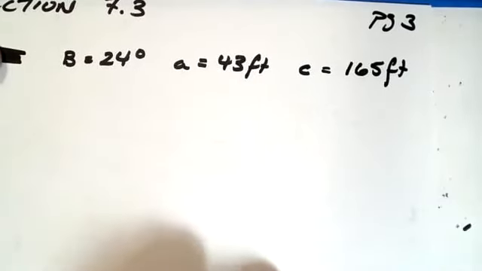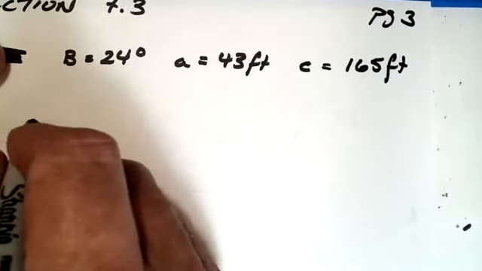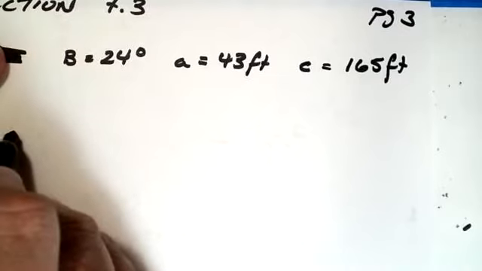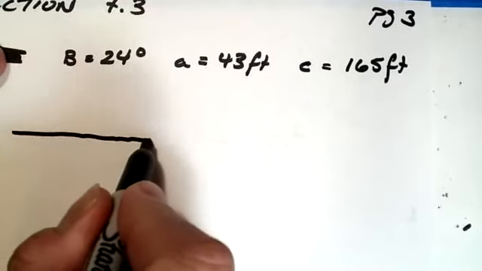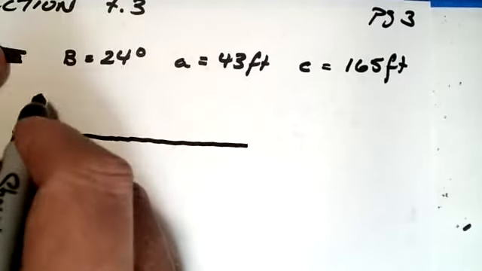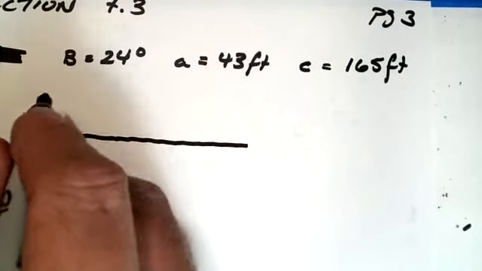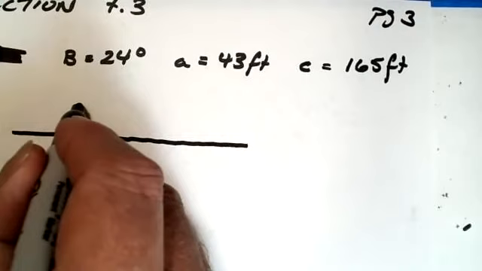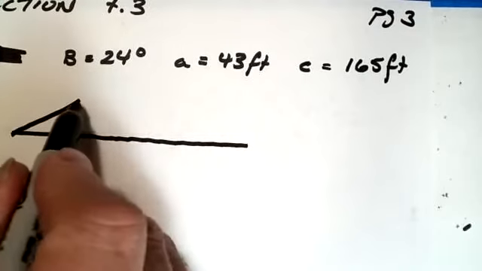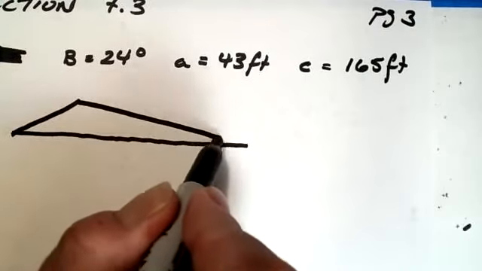So in this situation, we've got a fairly shallow angle and a really, really long side, about 4 times the length. So this one might give us the ambiguous case, or it might not.